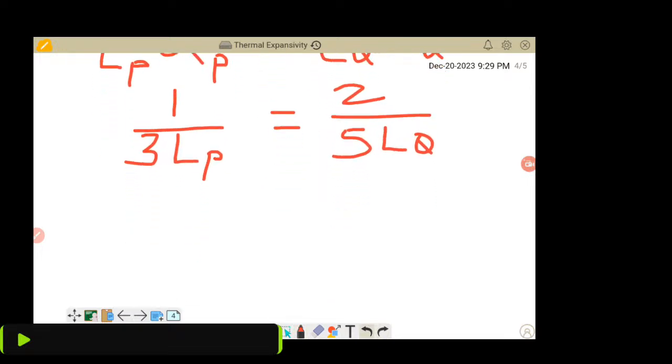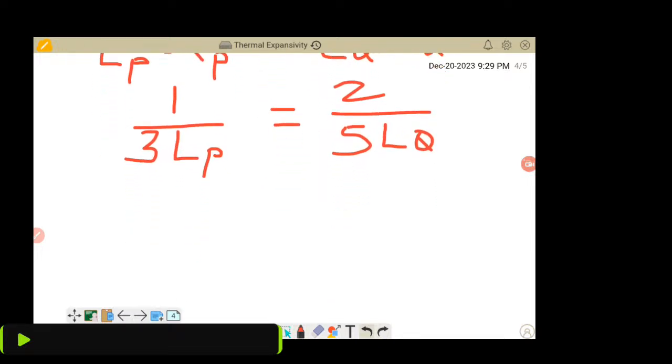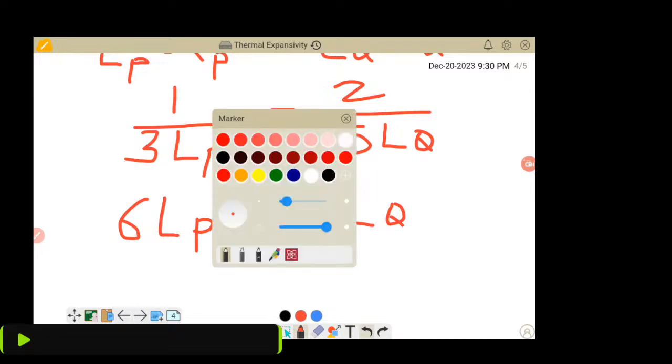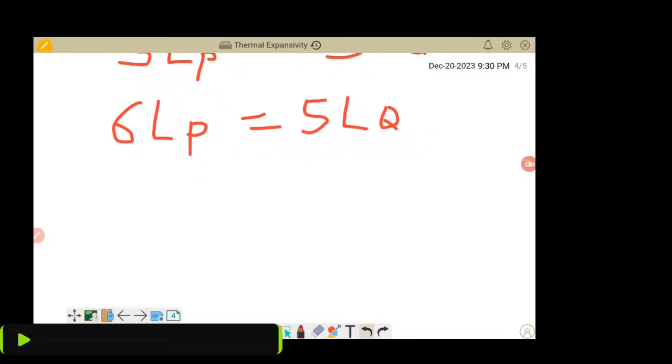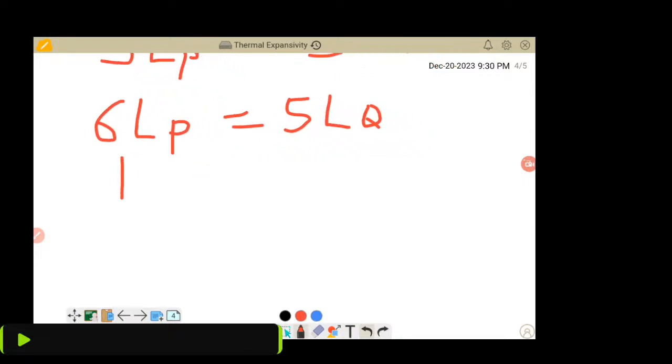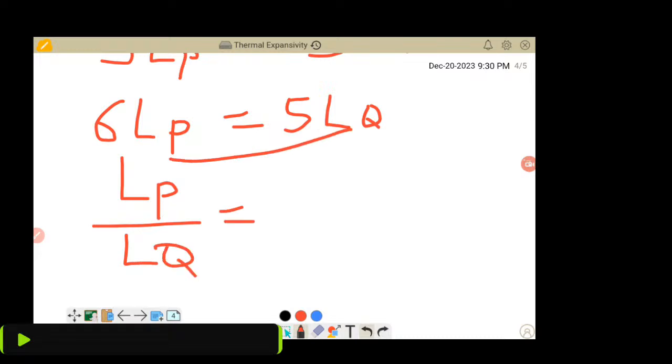From here we can cross multiply, and that gives us 6 LP equal to 5 LQ. And remember, we are looking for the ratio of LP to LQ, so we can say LP over LQ is equal to 5/6.